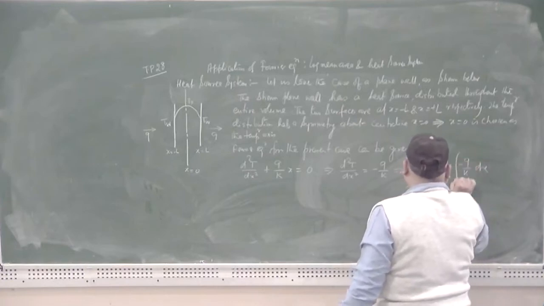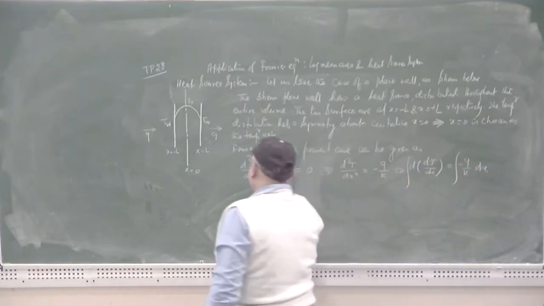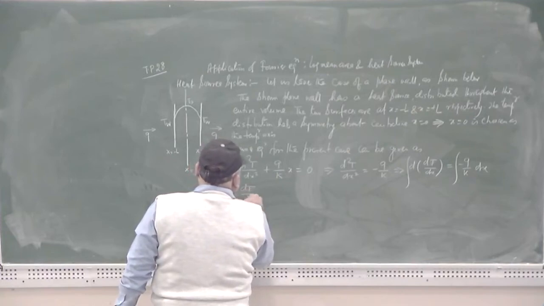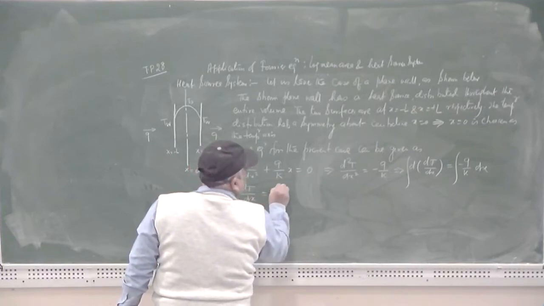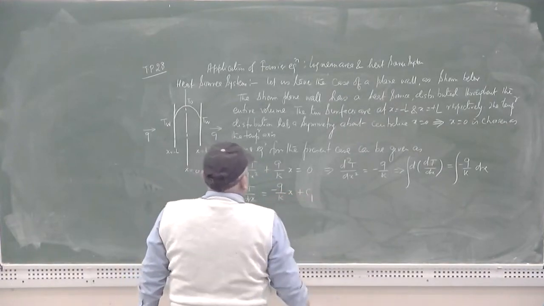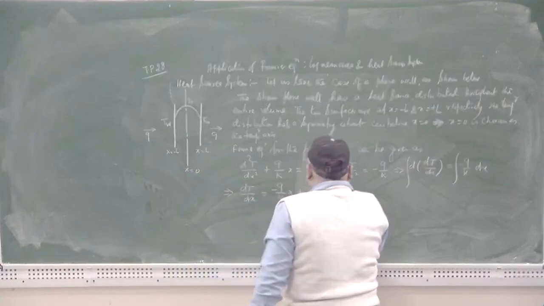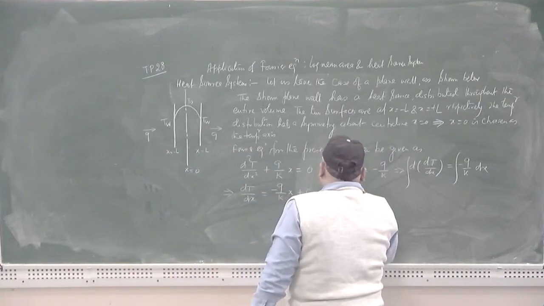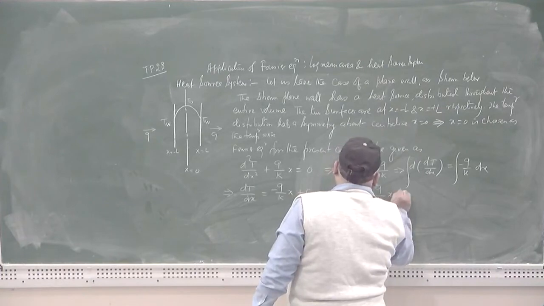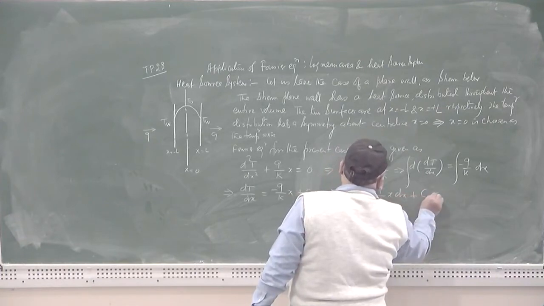Integrating this equation, you will find the temperature gradient dT by dx is equal to minus q upon k x plus C1. Proceeding further, you can write dT is equal to minus q upon k x dx plus C1 dx.